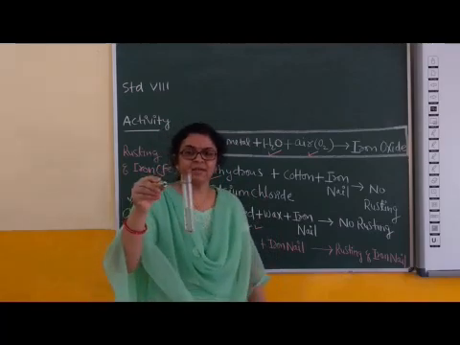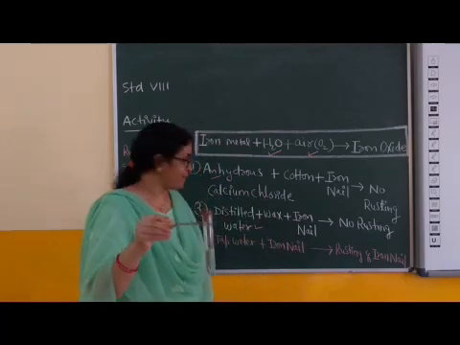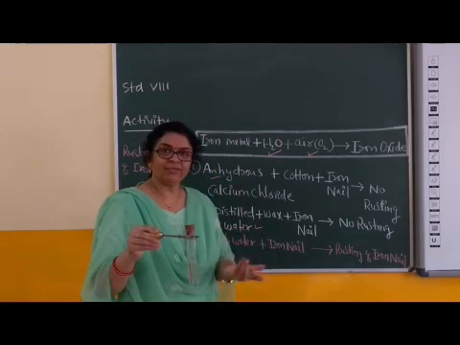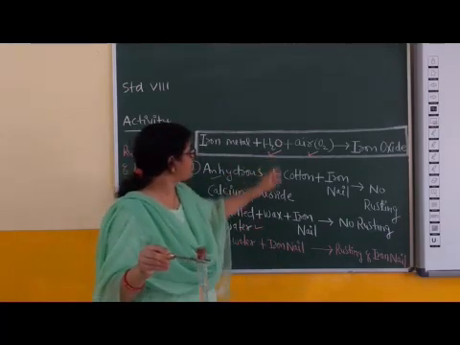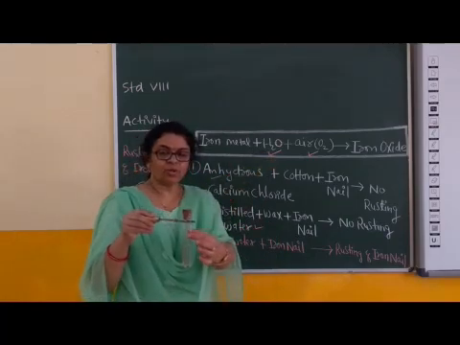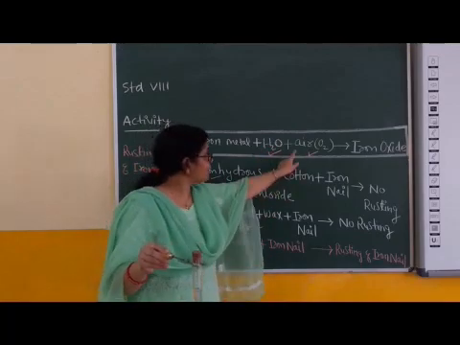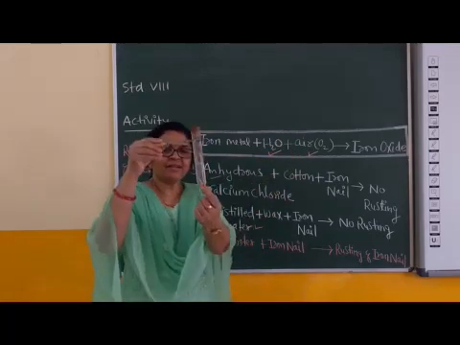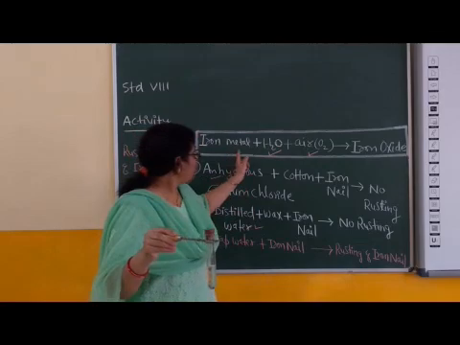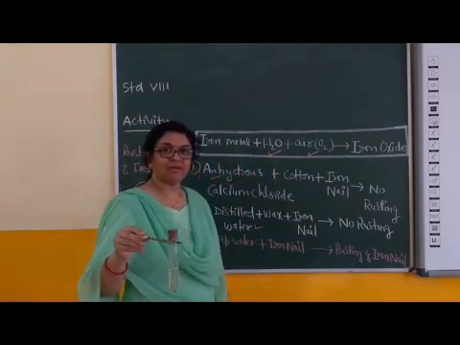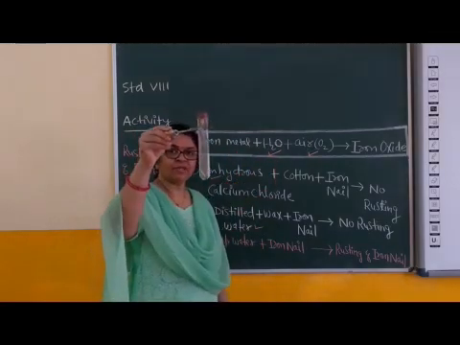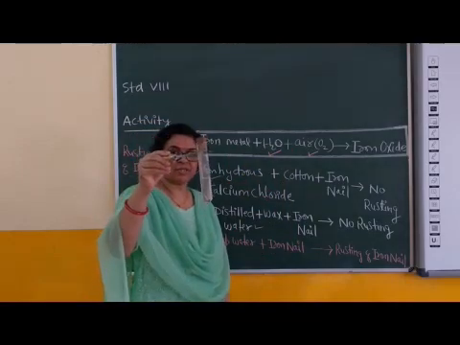In this test tube, in the third setup, ordinary water is available which supports rusting. O2 is present which also supports rusting. Metal is present. All three conditions are available which are required for the rusting process.